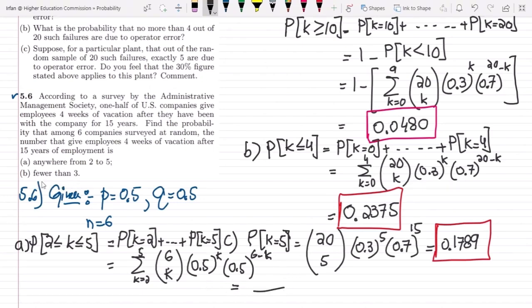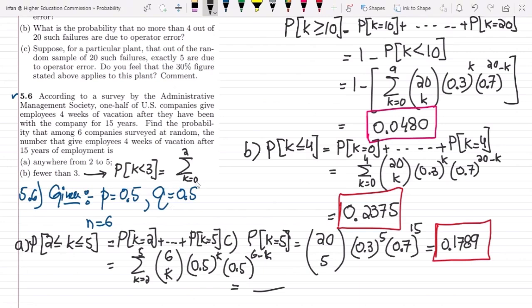Similarly, in the other part, we have to find that the companies which give the vacation are fewer than 3. Fewer than 3 means the probability that k is less than 3, which means the number of companies will be from 0 up to 2, because 3 doesn't lie within this range.